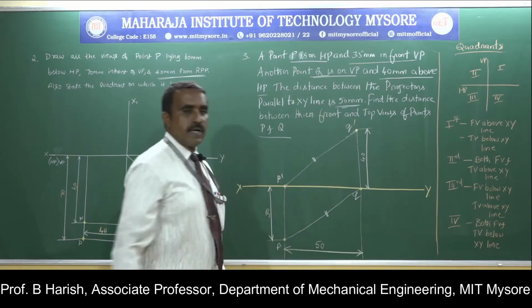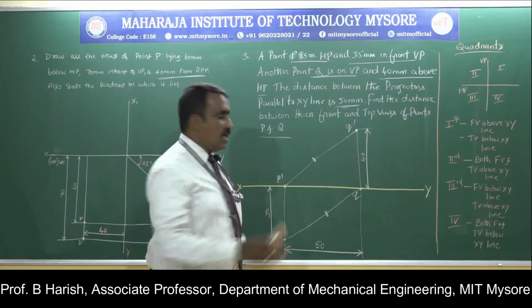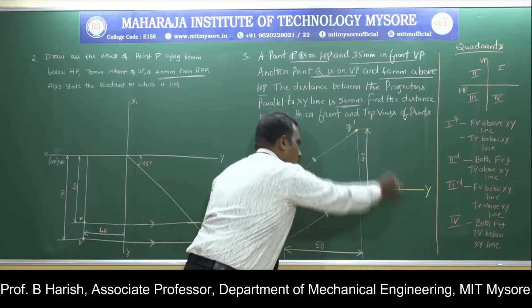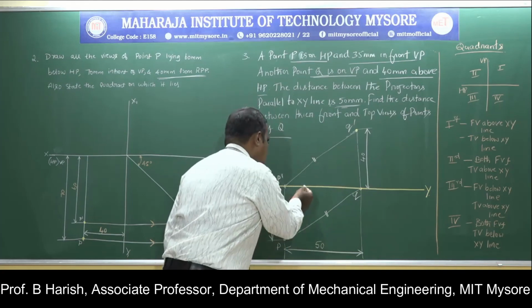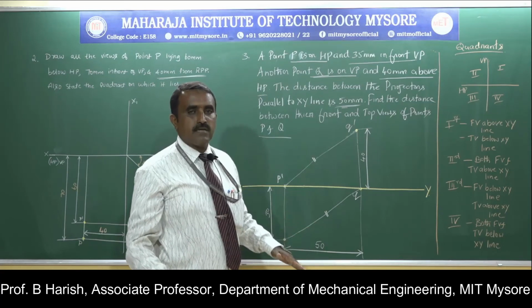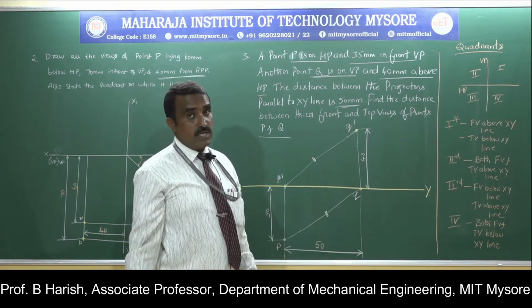This is the projection of point P. Somewhere I will get the projection of point Q. So this is one projector, and somewhere here I will get the other projector. The distance between the projectors parallel to the XY line is 50 mm. That is nothing but the convenient distance that was given in the first problem.